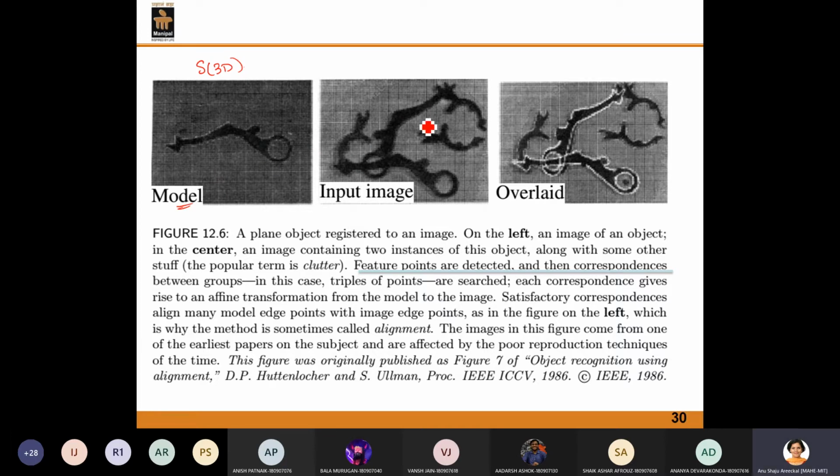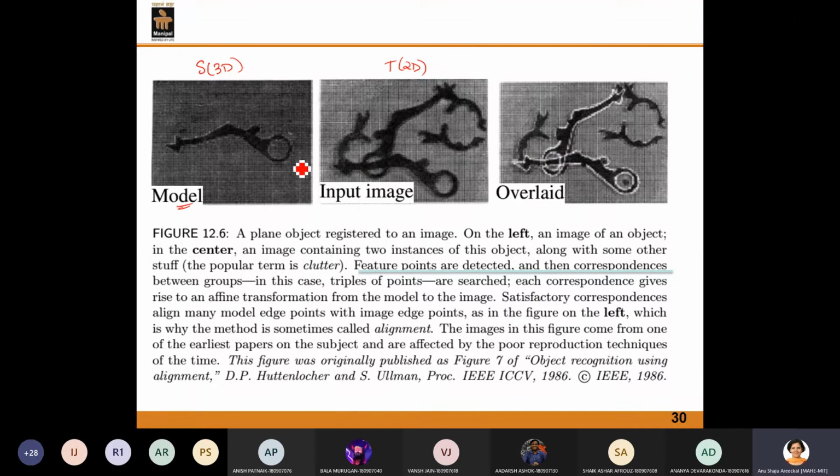Now this is my input image, which I can call the 2D target image. What I want to do is register between this object and the input image. That means I want to see how this 3D object can be overlaid on the image, which is what you see over here.